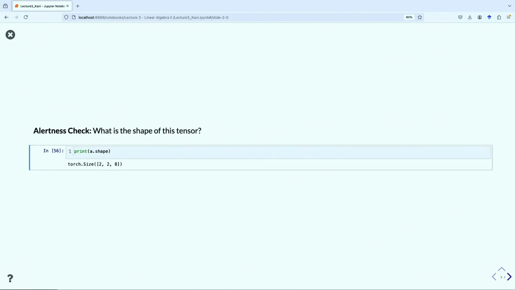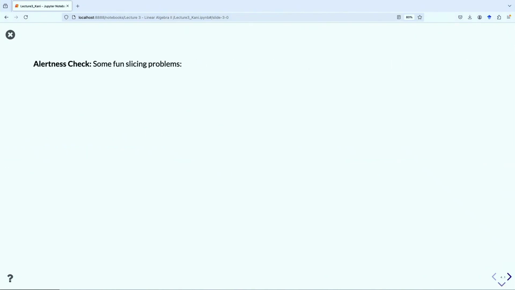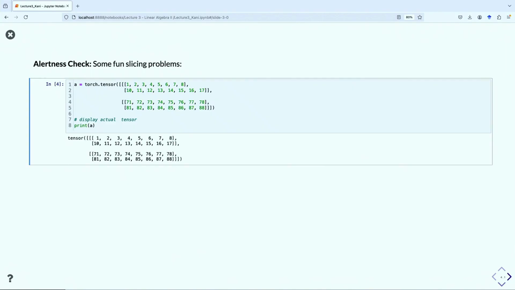Okay, so some fun slicing. So let's go over some slicing problems. We again have the same tensor, the 2, 2, 8 tensor. How would we slice this tensor up in order to display every other value in this first row?